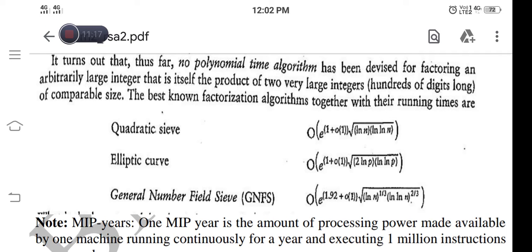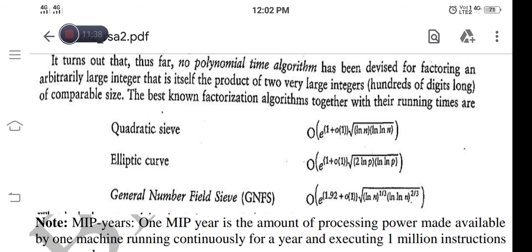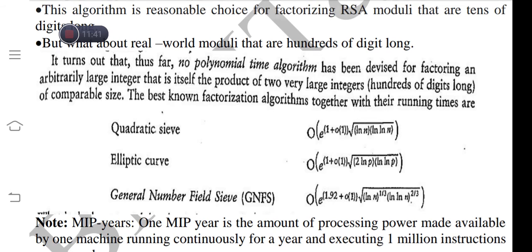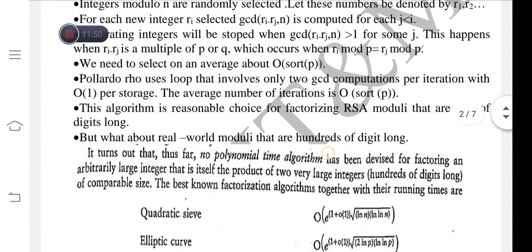We have the quadratic sieve, whose time complexity is big O of e to the power (1 plus big O of 1) square root of ln n multiplied with ln ln n. Like that, for the elliptic curve also the time complexity is given, and for the general number field sieve method also the time complexity is given here. This is about a few other algorithms than the Pollard-RHO algorithm.